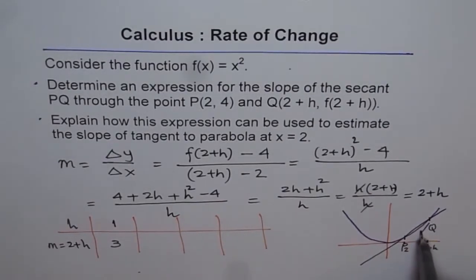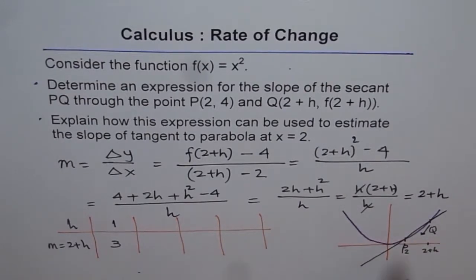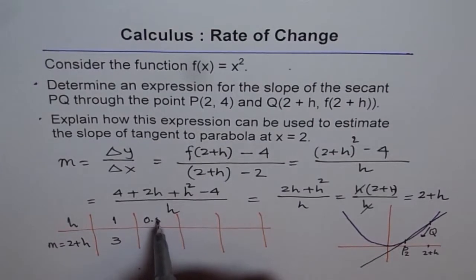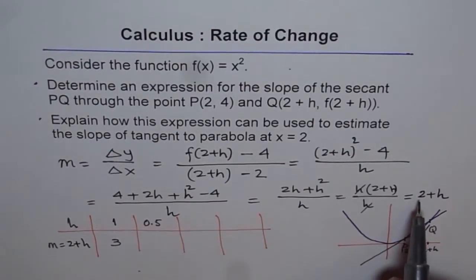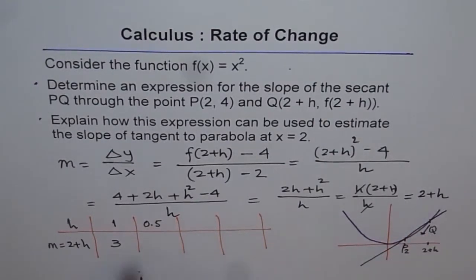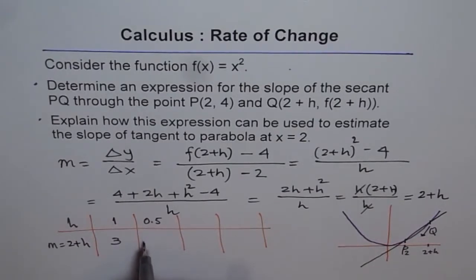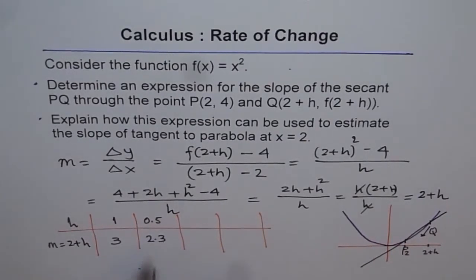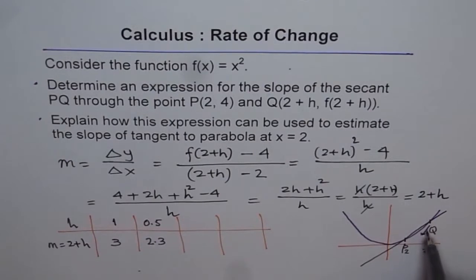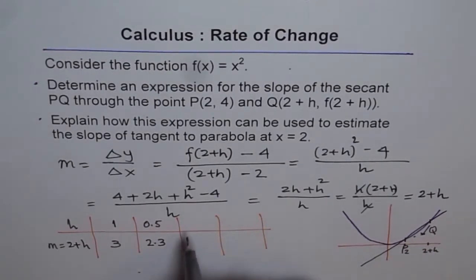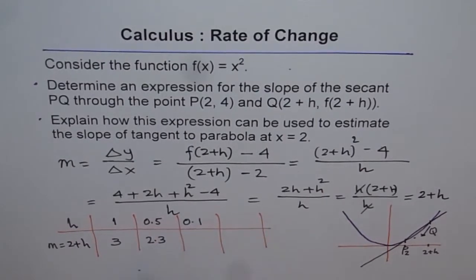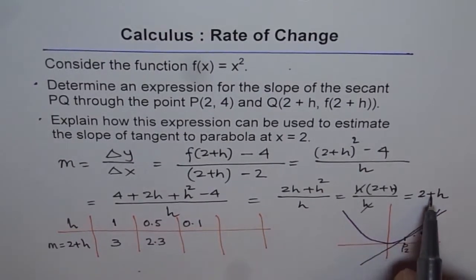Now if I bring q closer, that means h is smaller than 1. Let's say it is 0.5. In that case, my slope will be 2 plus 0.5, so I can write this as 2.5. Now let me bring this q further closer. Let's say it's just 0.1 away. So my slope will now be 2.1, right?